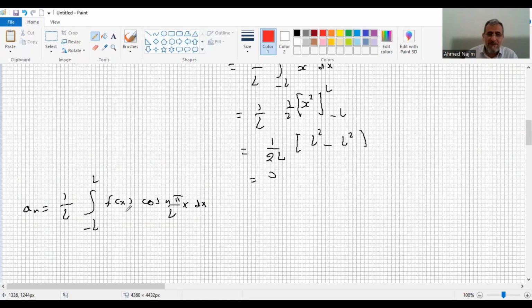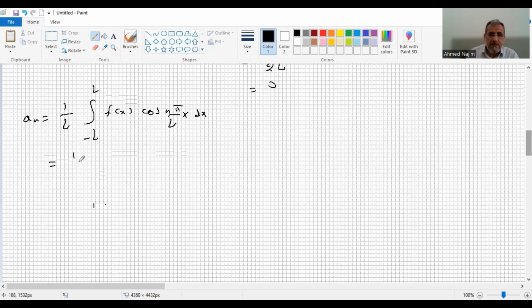The integral equals 1 over L integral from negative L to L of x times cosine n pi over L x dx. To find this integral, we have to use u dv, integral by parts.